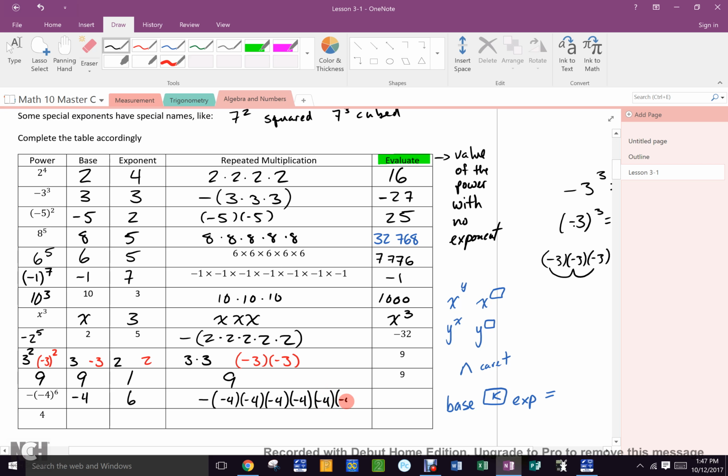And what's the answer? -4,096. Now, somebody should be saying, but Mr. Myers, you said if it was an odd exponent, it would be negative. This is an even exponent. But there's another negative out in front. It is a trick. But I didn't fool any of you.